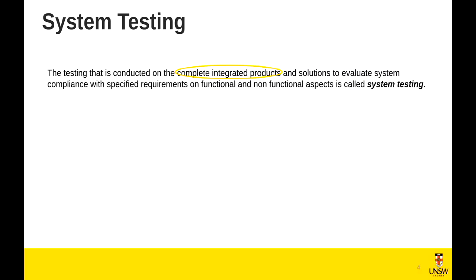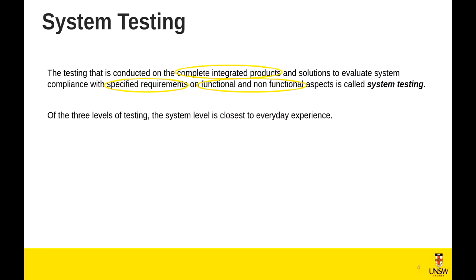The first one is that the target here is the completely integrated product. So we are testing everything together, and what we are testing against is the specification or the requirements. These requirements could be functional or non-functional.